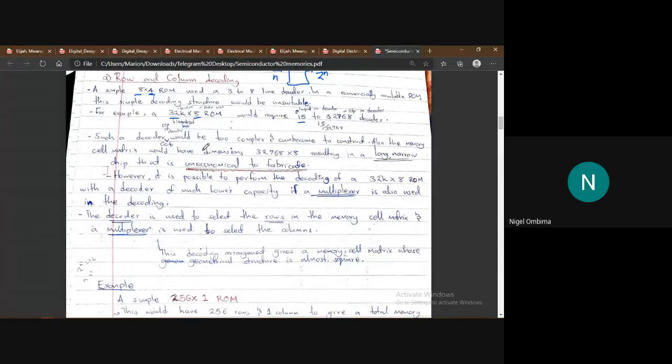Normally we could construct such a decoder, but it's not economically viable, so it would be tangled and difficult to fabricate.